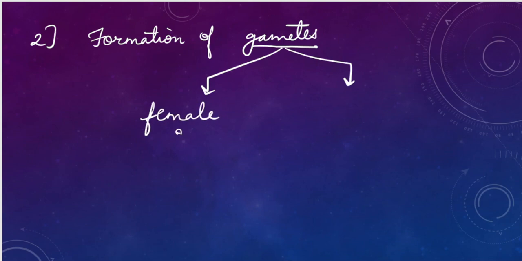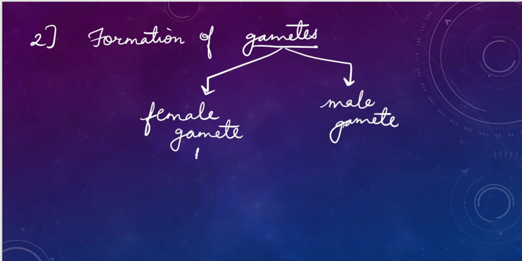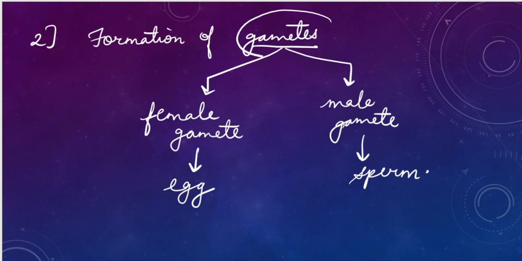One is the female gamete and one is the male gamete. In humans we say the female gamete is egg and the male gamete is sperm. So this is about gametes.